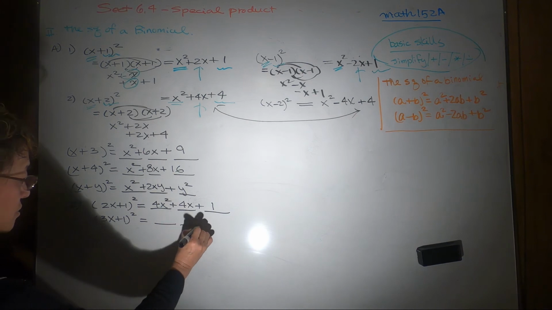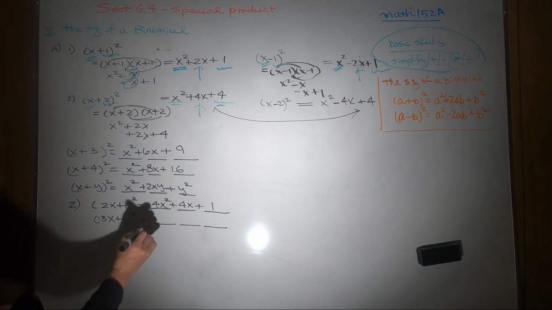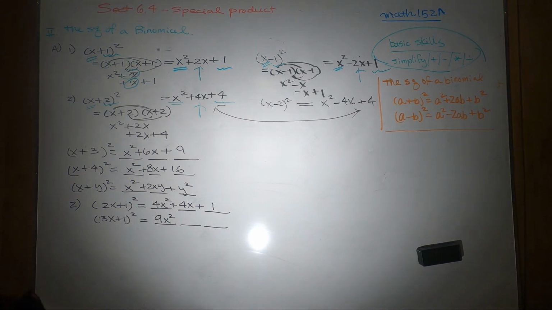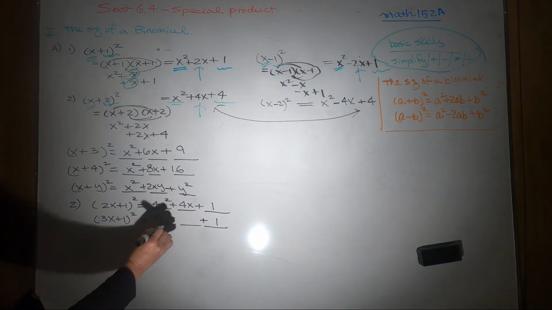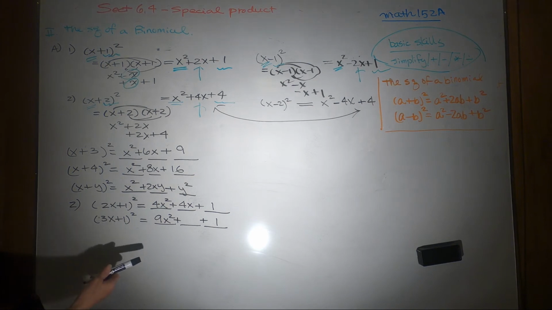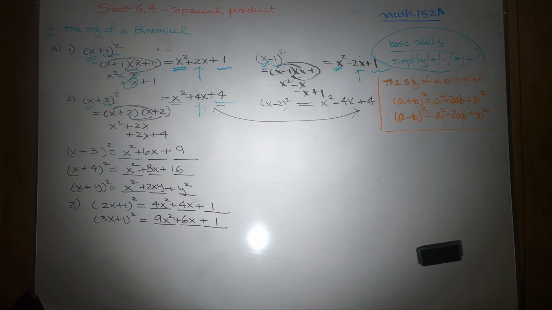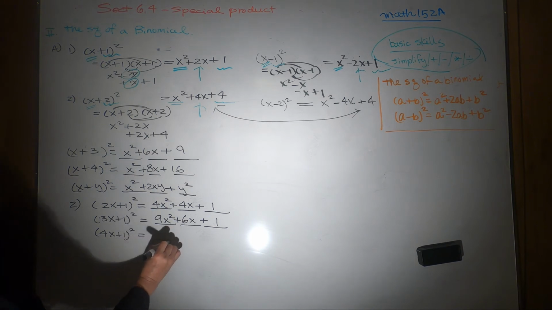So trinomial, first term, 3x squared, 3x times 3x, 9x squared, right? Then 1 take a square, plus 1. Middle one, it's a plus, 3x times 1, 3x. Double it, 6x. Right? Next one, 4x plus 1, take a square, a trinomial.